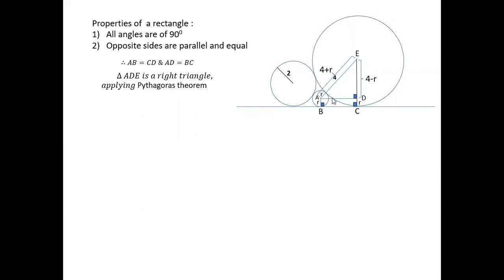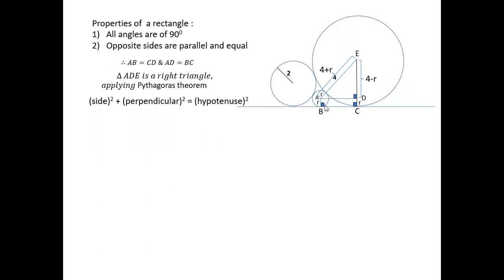Pythagoras says that hypotenuse square is equal to the sum of the squares of the other two sides. So we put it as side square plus perpendicular square is equal to hypotenuse square. The longest side in a right triangle is called the hypotenuse. This is the perpendicular and this is a side.